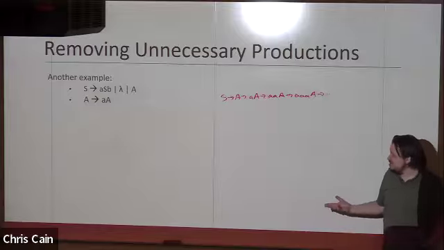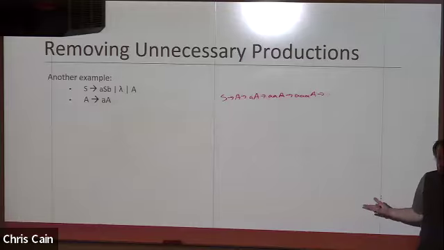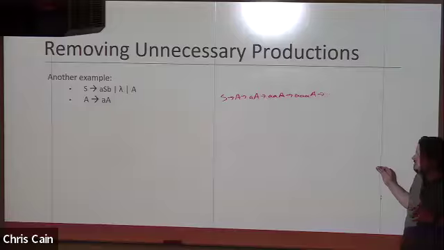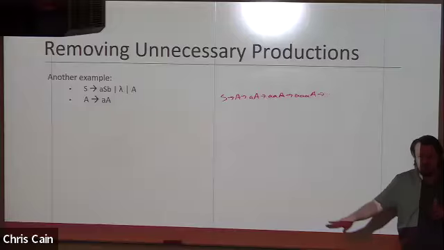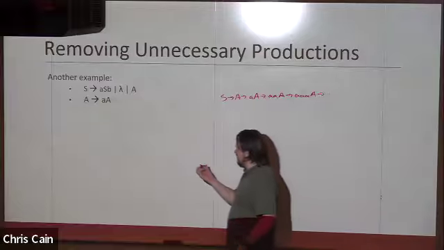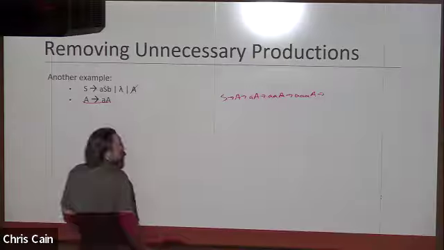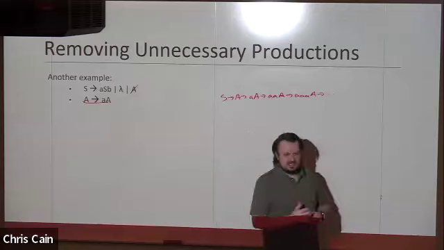So the question I would have is, what is the point of including the A in the grammar? Does that non-terminal define any strings that are in the language? Does any string in this language go through that capital A and utilize that portion of the grammar? If we strike this out of the grammar, does it represent the same language as before?